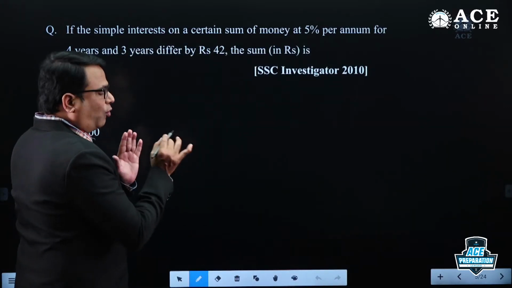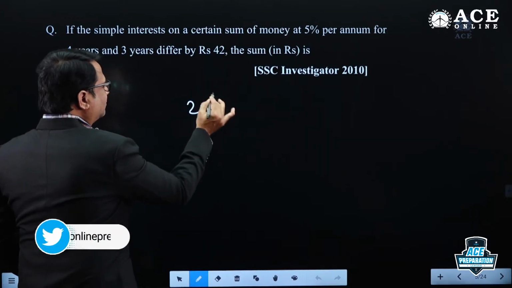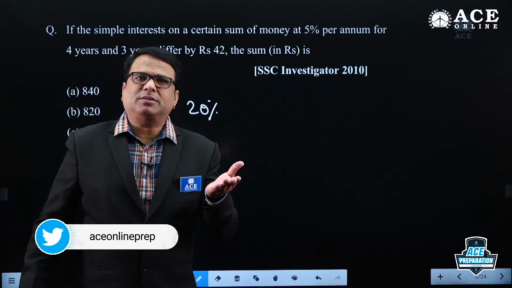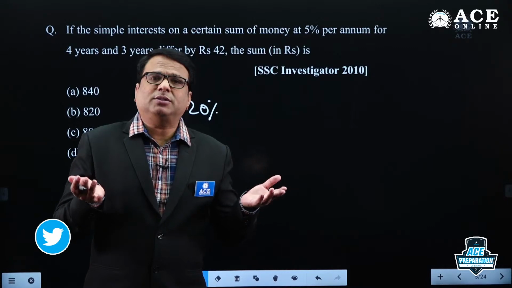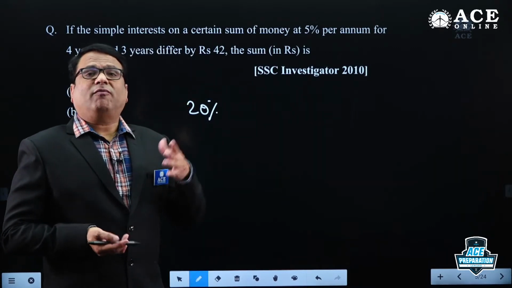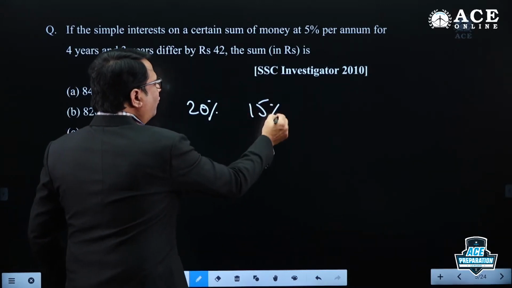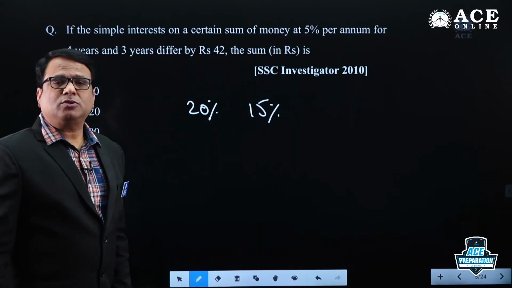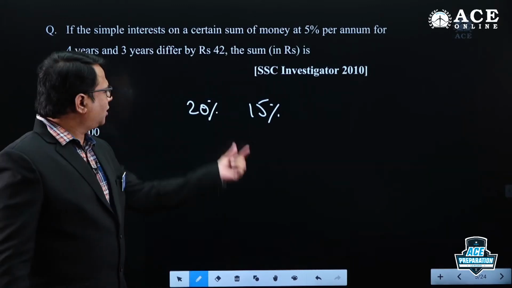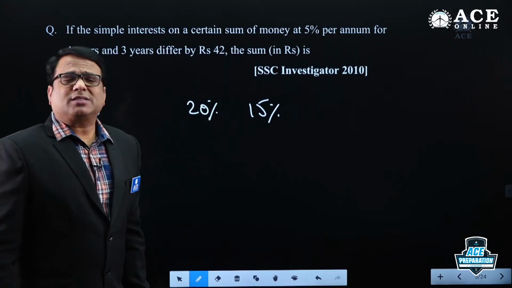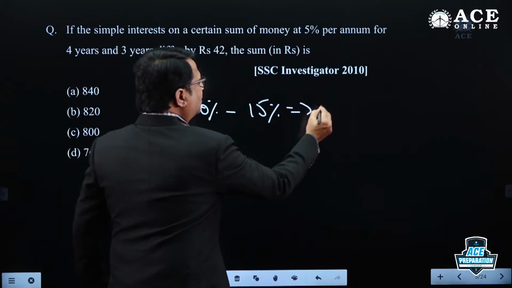5%. So for 4 years, what is the total interest you get? 20%, because each year you will get 5%. Now for 3 years, what is the total interest you get? 15%. So what is the difference between 4 years interest and 3 years interest? 5%.